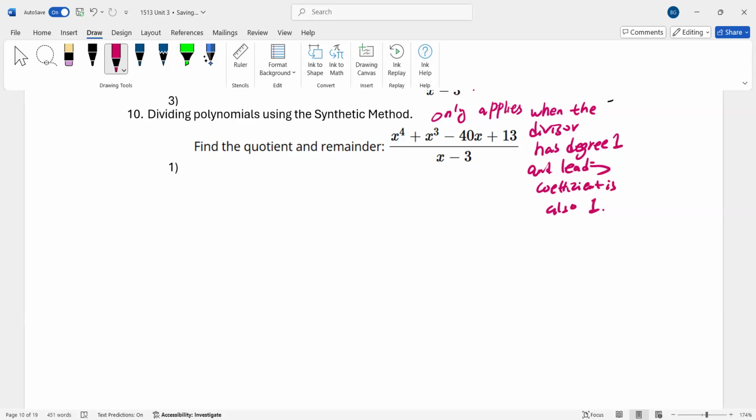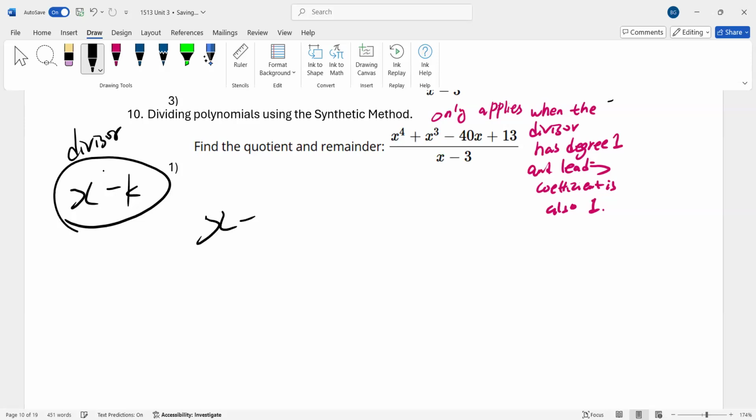This method only applies when the divisor is in the form x plus k, or x minus k. It doesn't matter, depending on the sign. The divisor has to be in this form, like x plus 5 or x minus 10. Something like that.